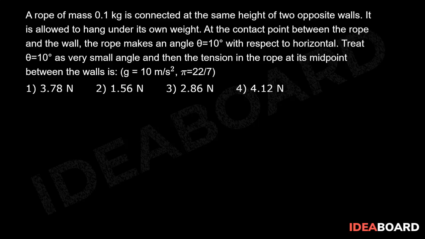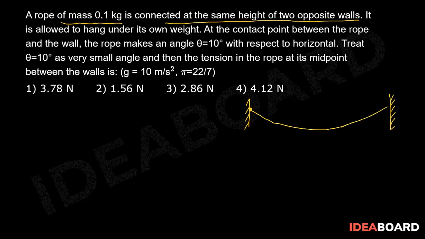According to the problem, a rope of mass 0.1 kg is connected at the same height of two opposite walls. Let us suppose these two are vertical opposite walls to which a rope of mass m is connected at the same height.